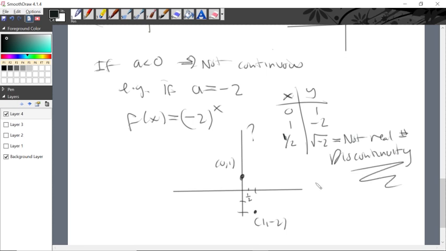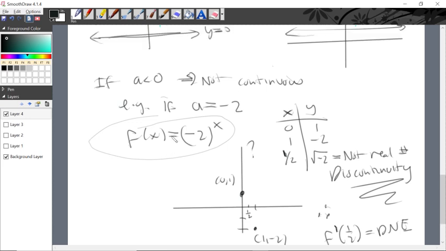And therefore f prime of 1/2 itself does not exist for the function f of x equals negative 2 to the power of x. In fact, if the base were allowed to be negative, we get a whole host of problems of discontinuities, having to do with the density of real numbers: you're going to have a point next to a location where there's not a point, and that's going to show up in so many places. It is so miserably full of discontinuities that the derivative is very challenging to define for such a function.